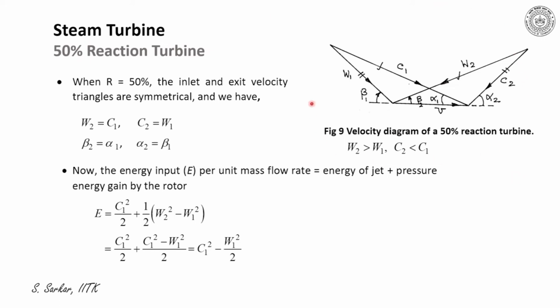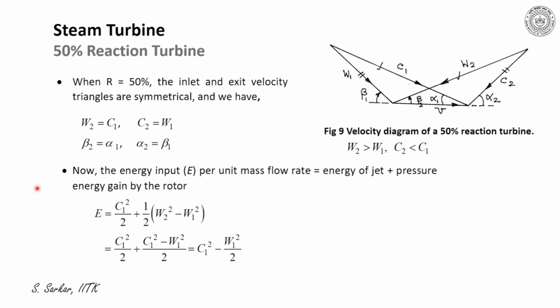After explaining the velocity triangle of a 50% reaction turbine, I can say now the energy input E per unit mass can be given by the energy absorbed plus the pressure energy gained by the rotor.